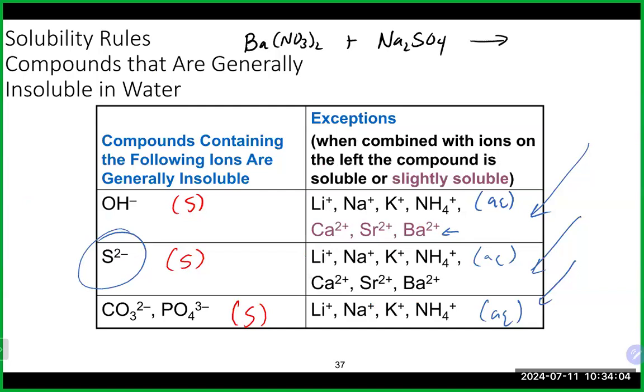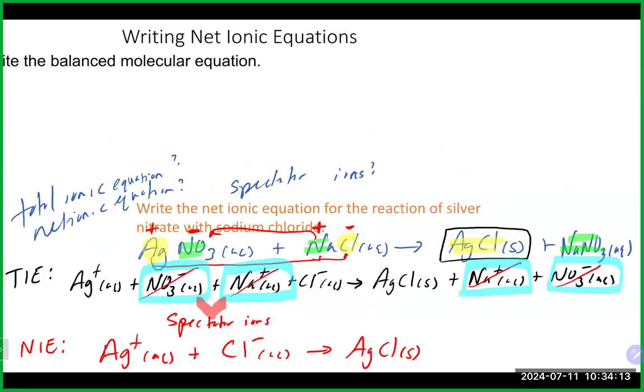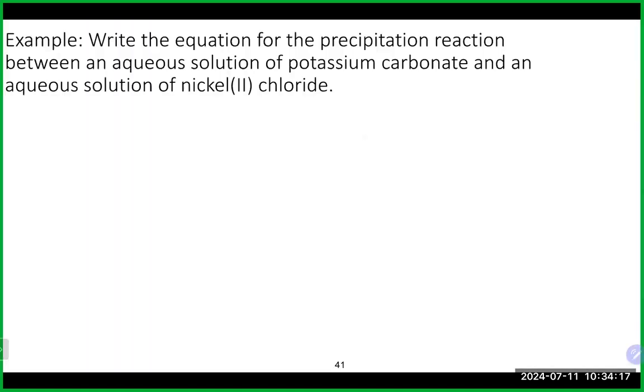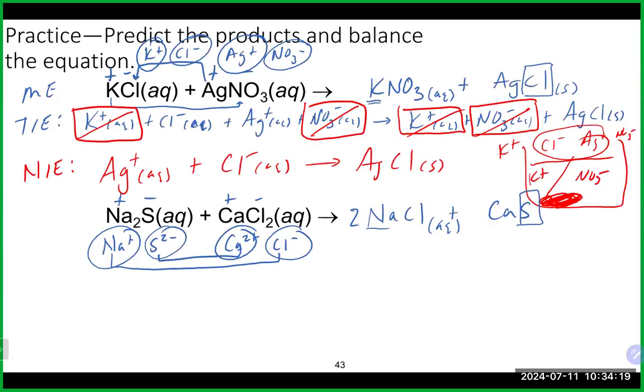But one of the exceptions happens to be calcium, which is what it is hooked up with, which means it's going to be soluble in this case. So that combination, based on our solubility rules, is going to be soluble, which means that we will get an aqueous in this case.